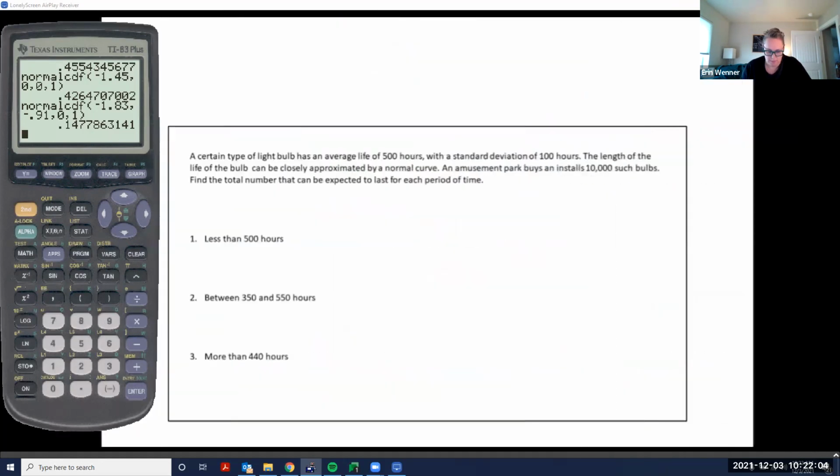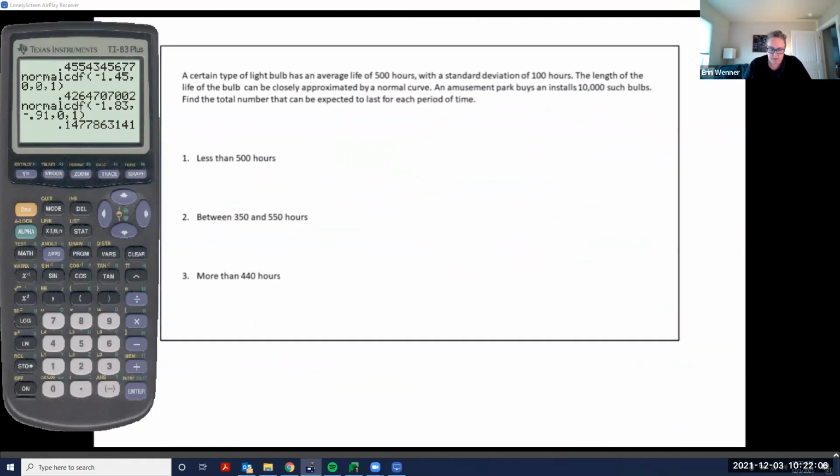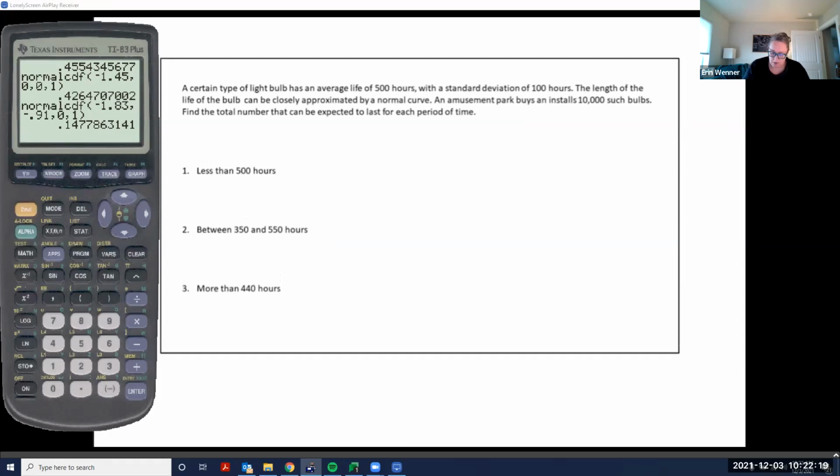So here's what I'm talking about. It says a certain type of light bulb has an average life of 500 hours with a standard deviation of 100 hours. The length of the life of the bulb can be closely approximated by the normal curve. An amusement park buys and installs 10,000 such bulbs. Find the number that can be expected to last for each time period.